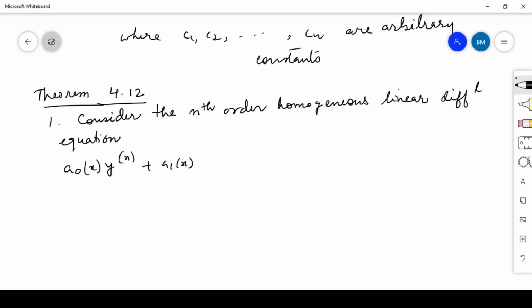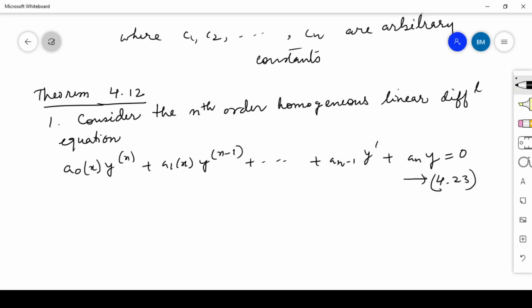But you remember all those a naught, a1, a2 up to an are real constants. They are not functions of x. Okay. This is 4.23. So consider this equation.